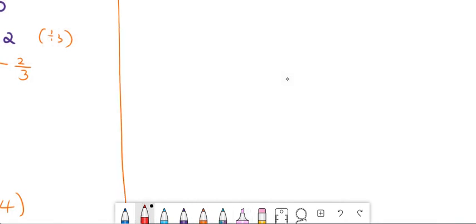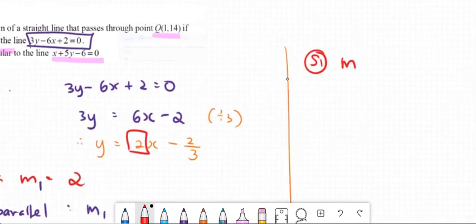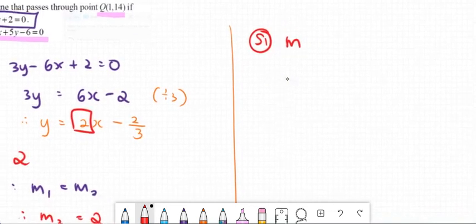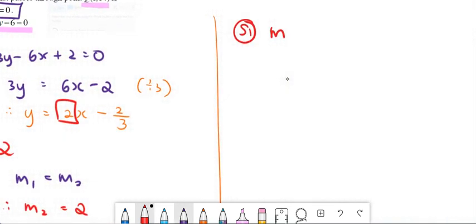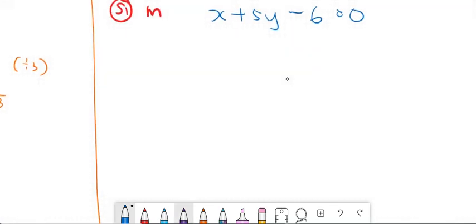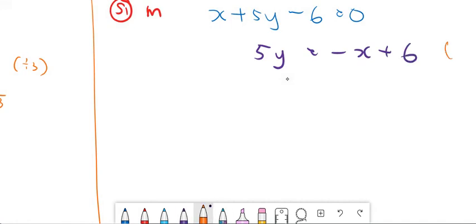Again, step 1, you need to find your M. So how do you find your M? From the line x plus 5y minus 6 equal 0, rearrange it. So 5y equal to negative x plus 6. Then divide by 5, so your y equal to negative 1 over 5x plus 6 over 5.